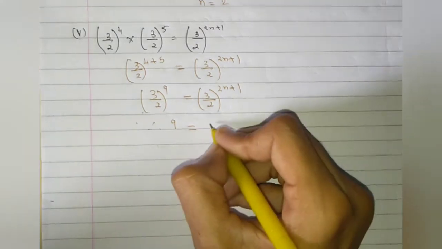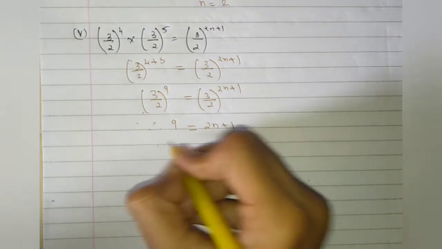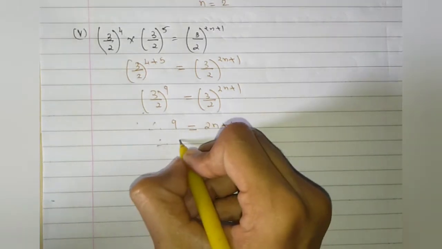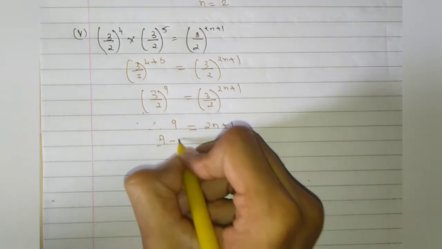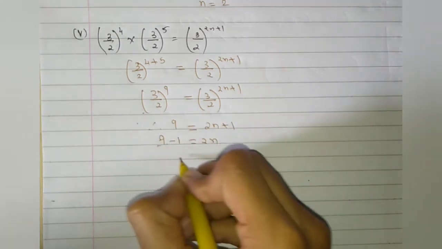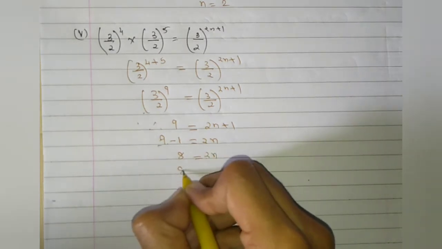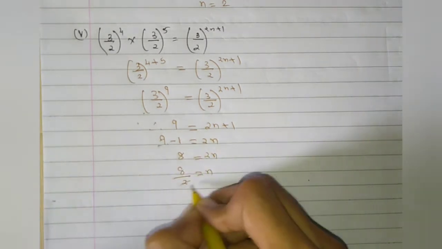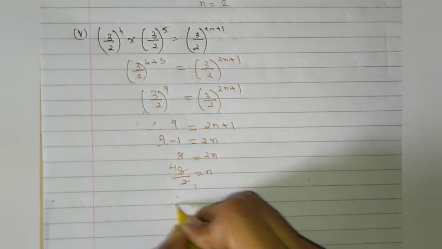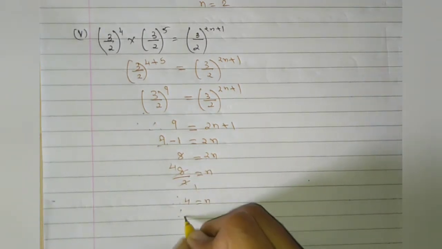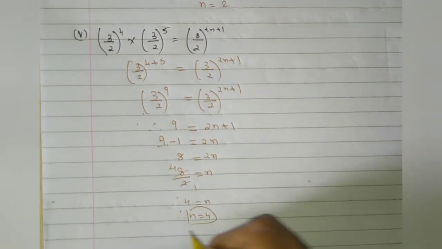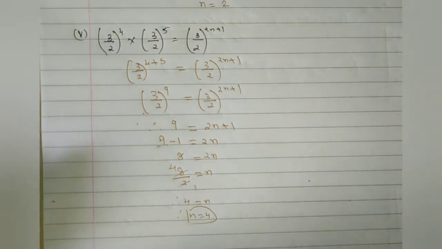So 9 equal to 2n plus 1. Therefore 9 minus 1 equal to 2n. So 9 minus 1 is 8 equal to 2n. So 8 upon 2 equal to n. 2 4s are 8. Therefore 4 equal to n. Therefore n equal to 4 is the answer.